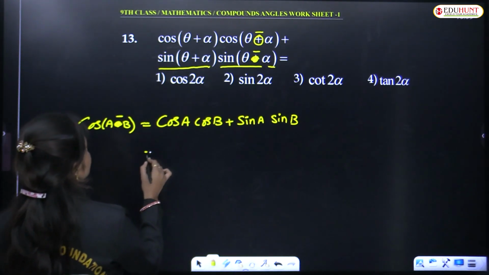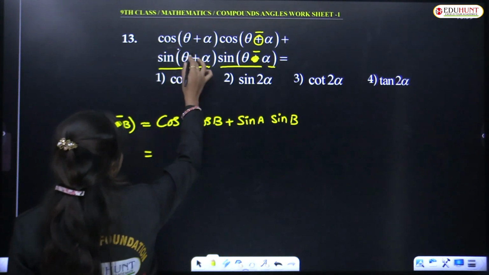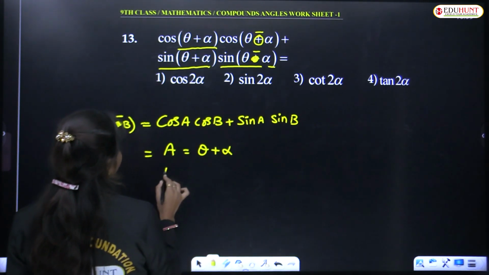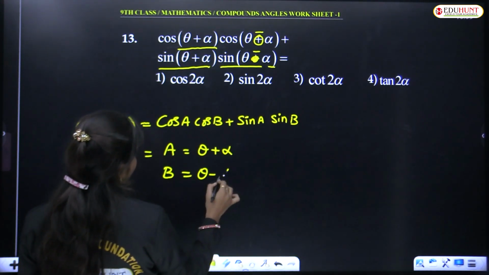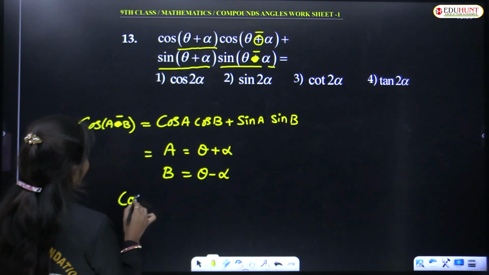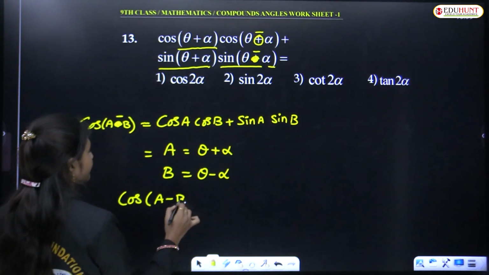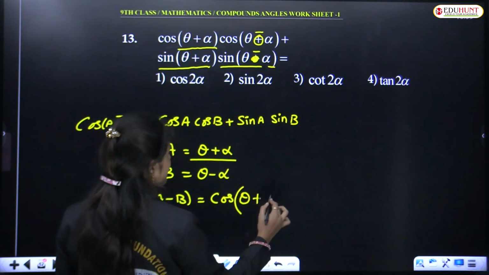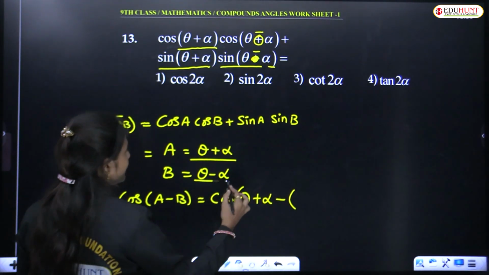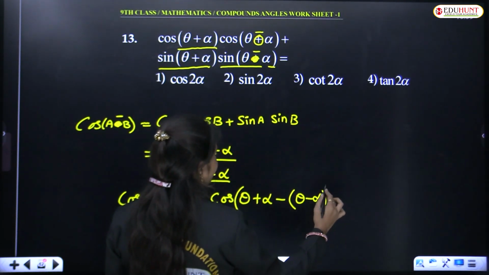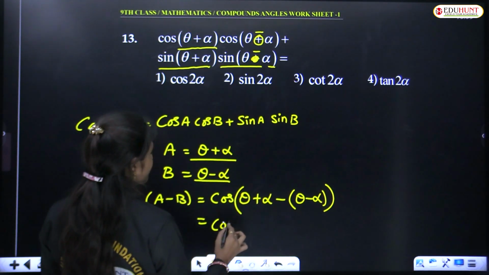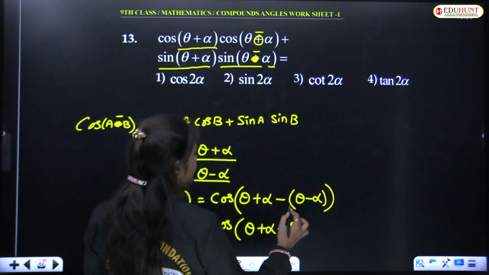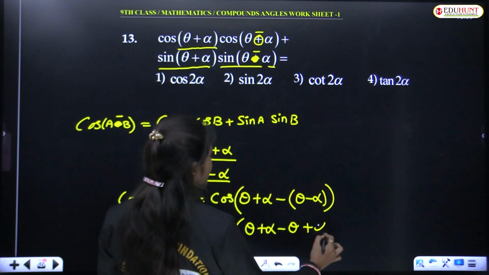Okay, so in the place of A they have given theta plus alpha, and B they have given as theta minus alpha. Now cos of A minus B, where A is theta plus alpha and B is theta minus alpha, is equal to cos of theta plus alpha, minus into plus is minus theta, minus into minus is plus alpha.